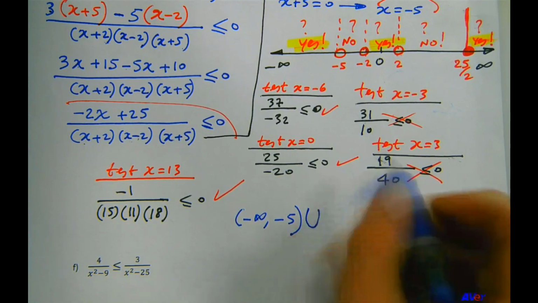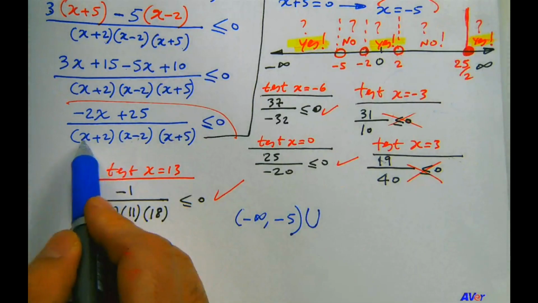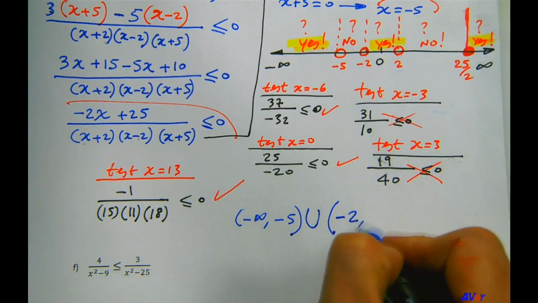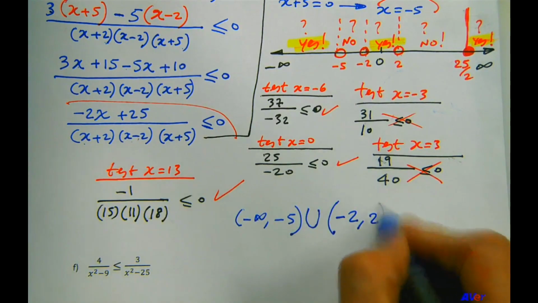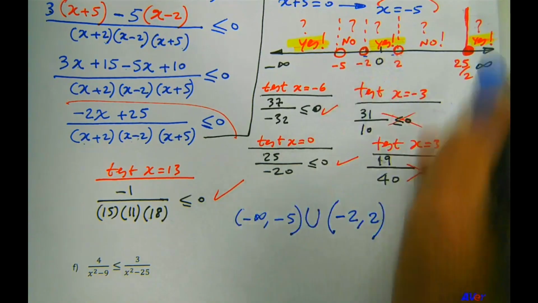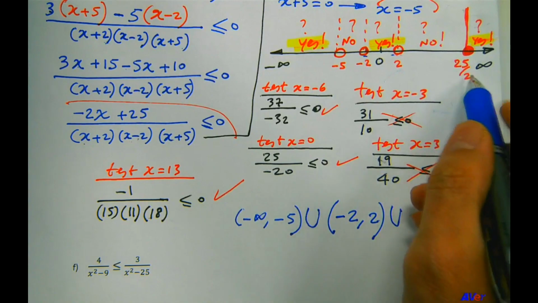Then union, negative 2 will also make this expression undefined. So parenthesis negative 2, comma, 2 the same way will make this denominator 0, parenthesis, right? That's for that from here to here. Then the last piece, right? Union. 25 over 2 is allowed, is an allowed x value.